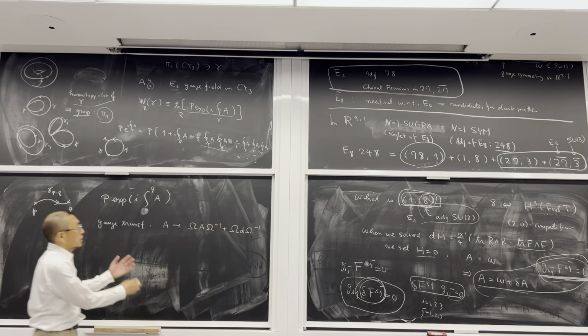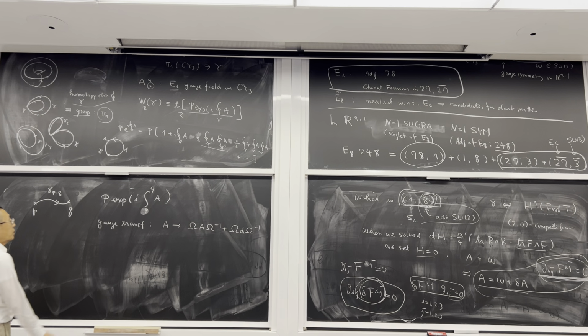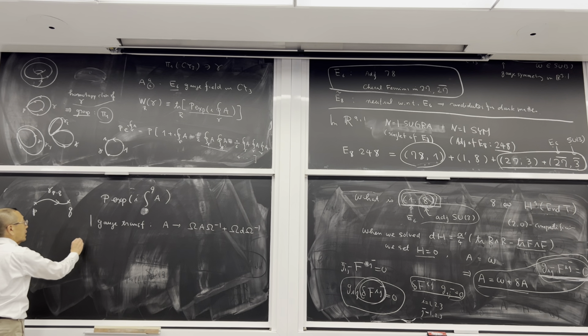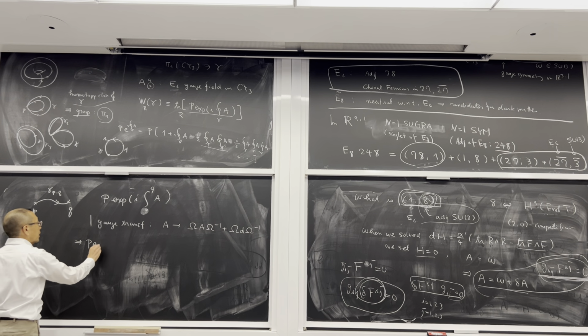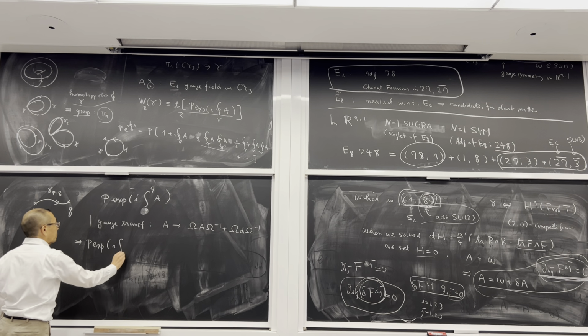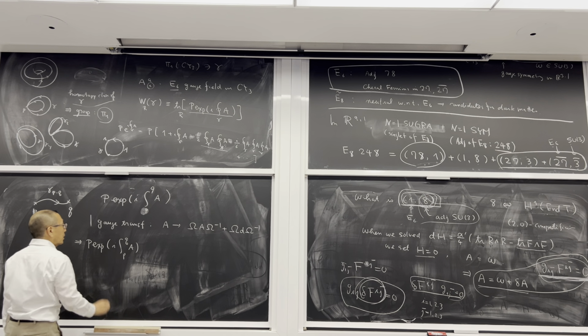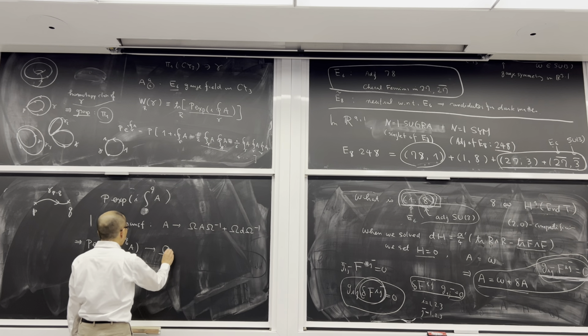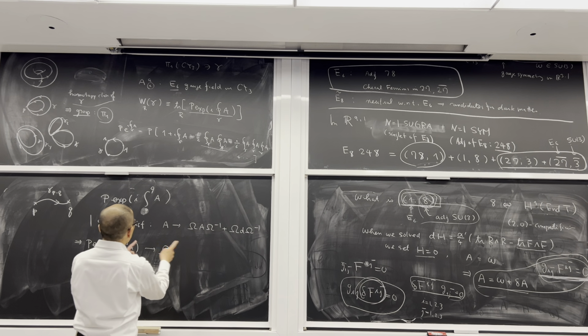So suppose you do this type of gauge transformation, then you can show by simple algebra that this path ordered exponential of the integral from P to Q of A transforms into omega. So let me make sure that the order is correct.